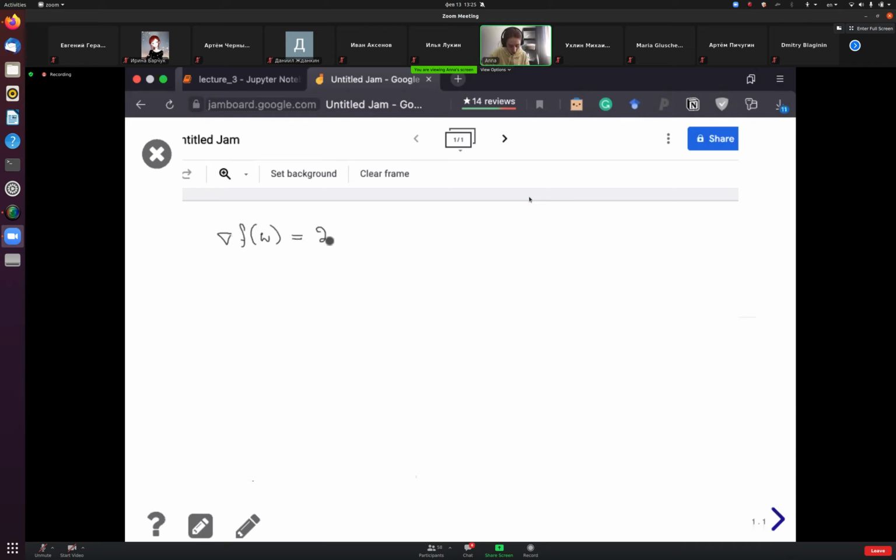The gradient would be 2 times X transpose times (Xw minus y). This is the gradient of the MSE loss. You also need to take the gradient of the second part of the loss, which is the quadratic regularization, 2 times lambda w. And we need to solve when this is equal to 0. So let's divide both parts by 2 and open all the brackets. We will have X transpose X w minus X transpose y plus lambda w equal to 0.